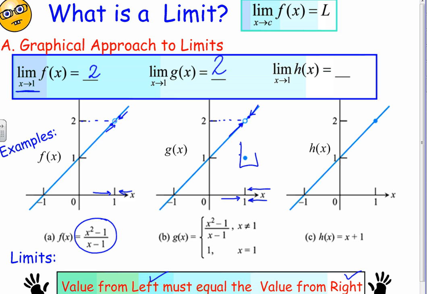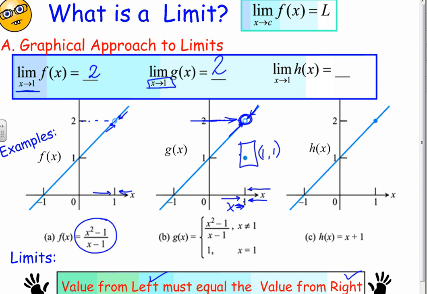You may say, well, what about this? At 1, I get out 1. Why is that not the limit? Well, limits are concerned with what's happening around this value as x approaches 1. Not what happens at 1, what happens around 1. And what happens around x being 1 is it gets a height of 2.